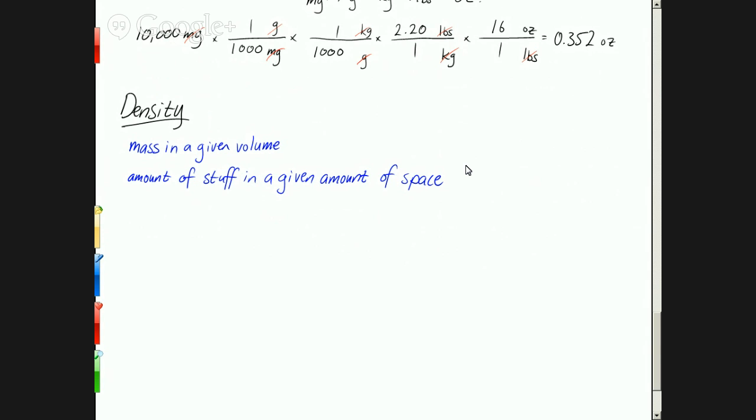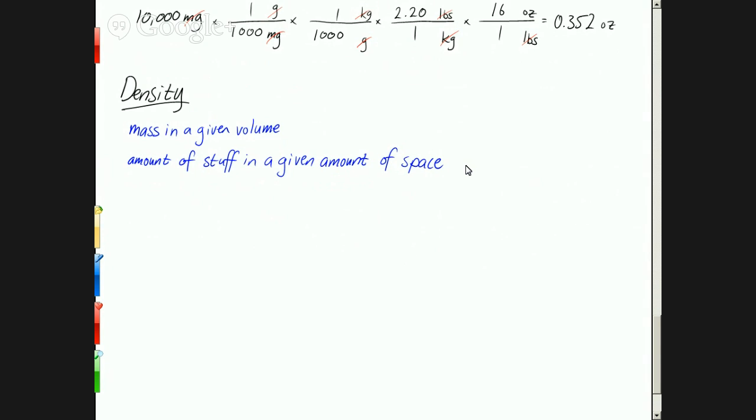So what is the measurement of density? Anybody know? Standard units of density? I don't know if everybody's ever seen this, but it is grams per milliliter, or grams per milliliter is another way to write that.